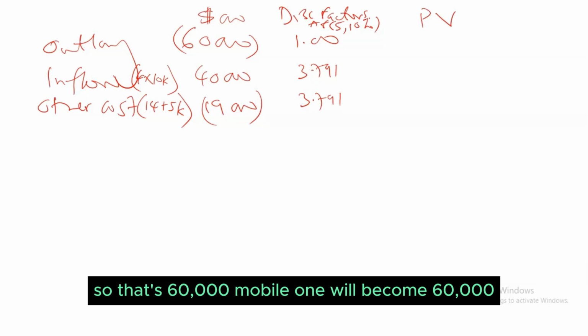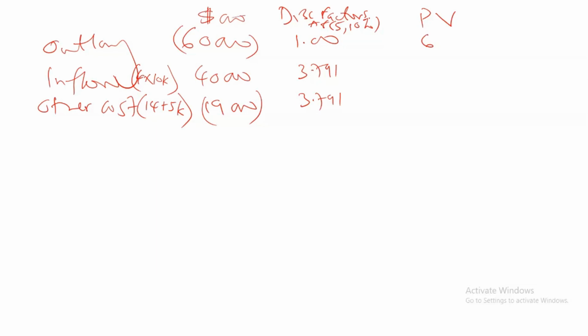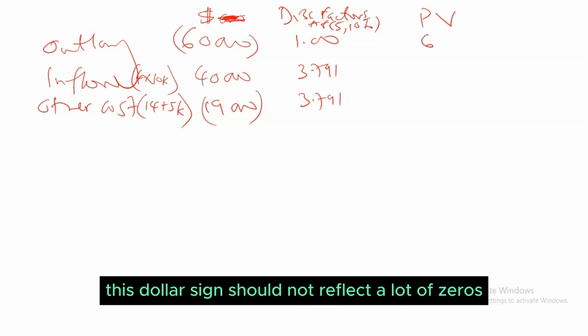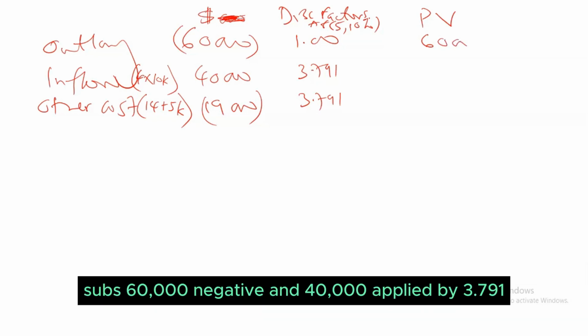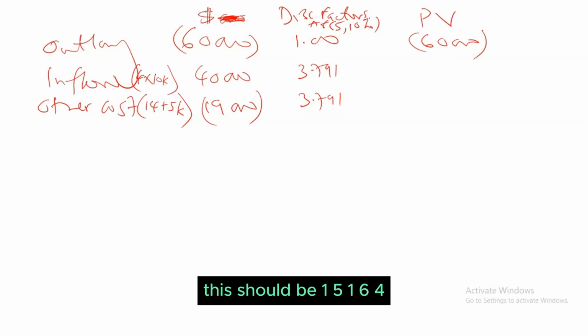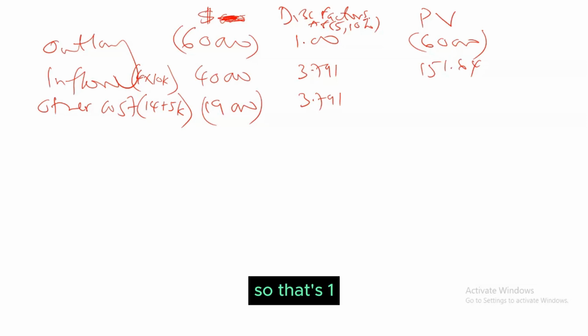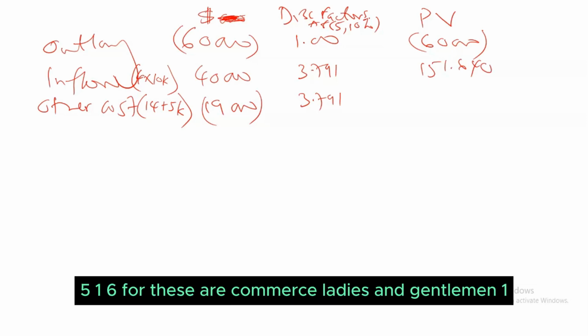So that's 60,000 multiplied by 1 will become 60,000. This dollar sign should not reflect a lot of zeros there. So 60,000 negative, and 40,000 multiplied by 3.791. This should be 151,640. These are commas, ladies and gentlemen.